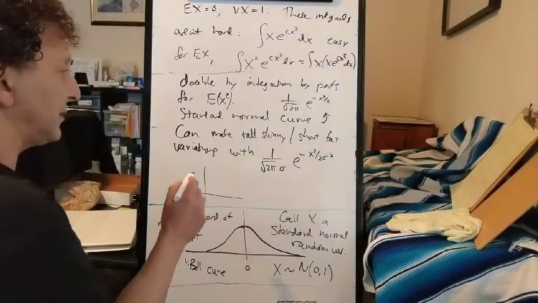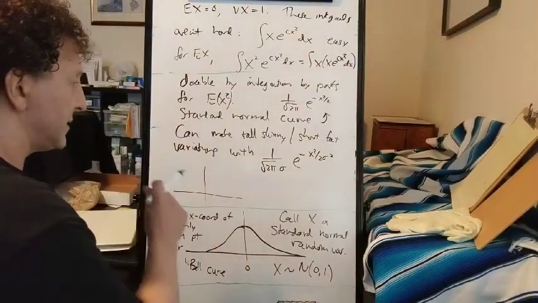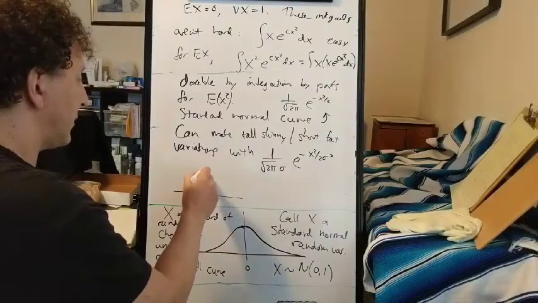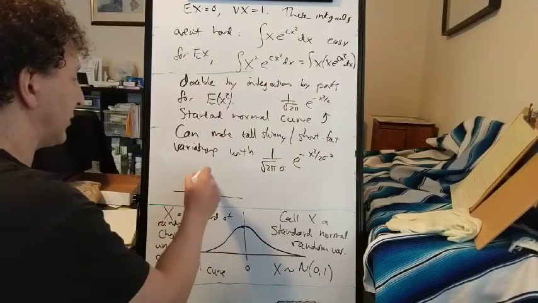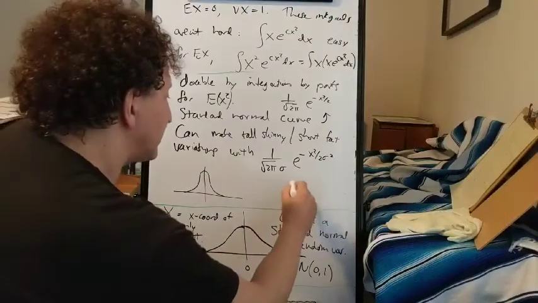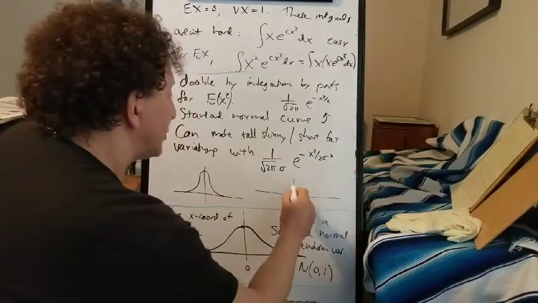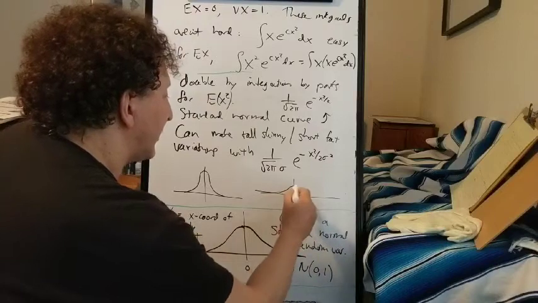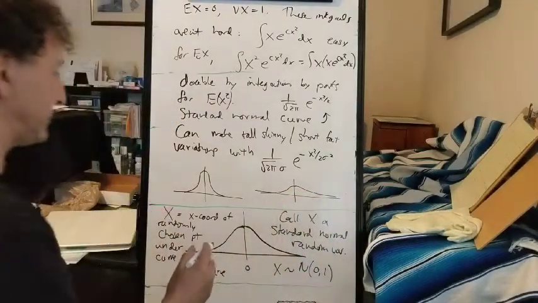So when sigma is small, then we get a taller, skinnier bell curve. And when sigma is large, we get a shorter, fatter bell curve.